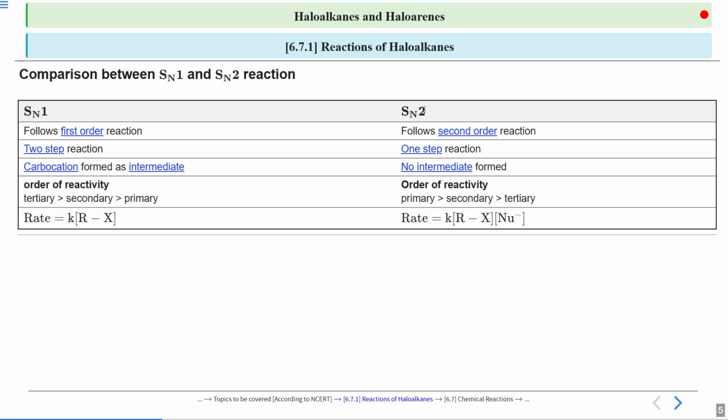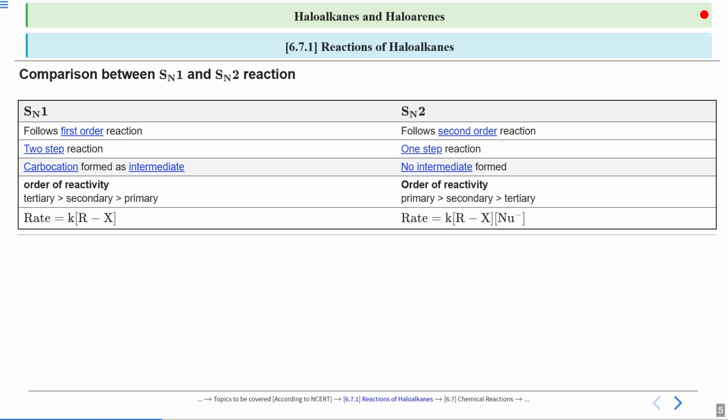On the other hand, in the SN2 reaction, no carbocation is formed as an intermediate, right? There is a transition state forming. It is a single step reaction where the nucleophile attacks the carbon at which the halogen is already present.